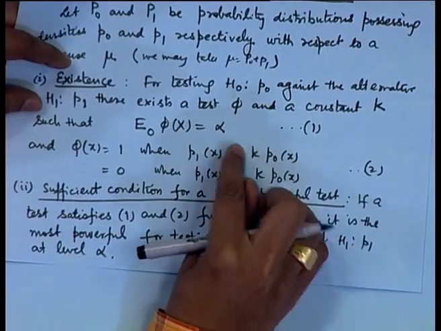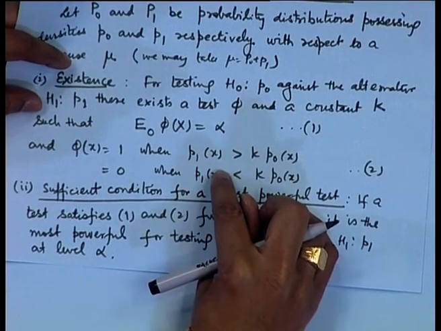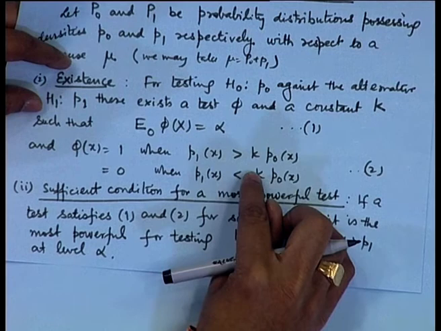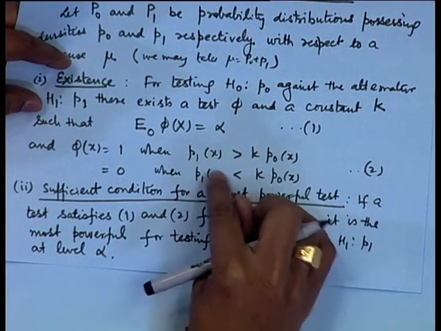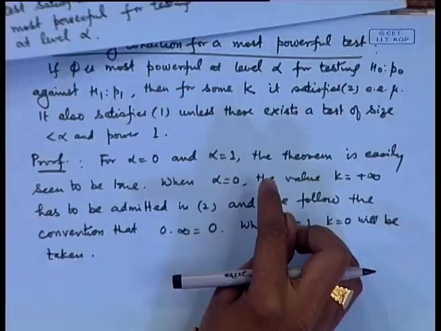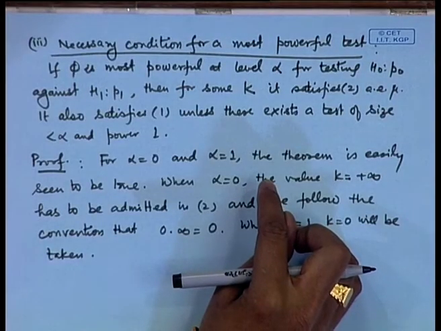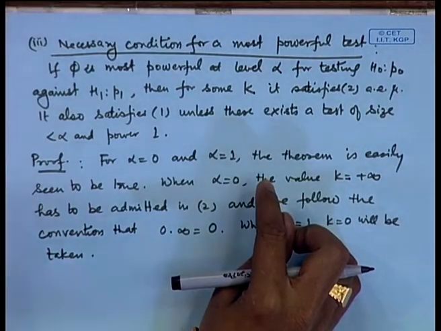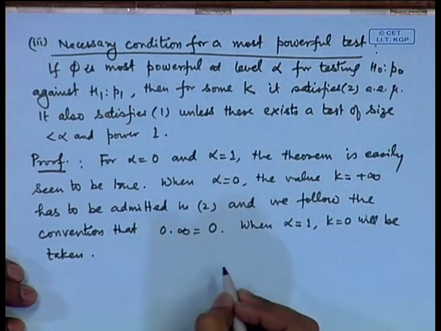If you are always rejecting H naught, then the probability of accepting H naught will become 0, because you are never accepting. So, this gives you beta is equal to 0. So, these are the trivial cases.